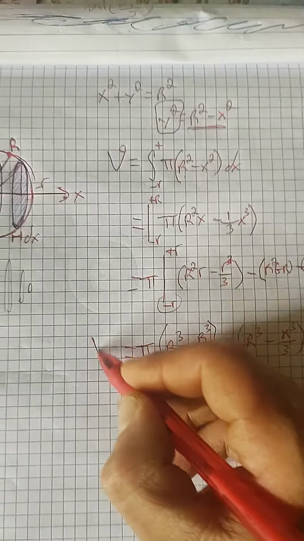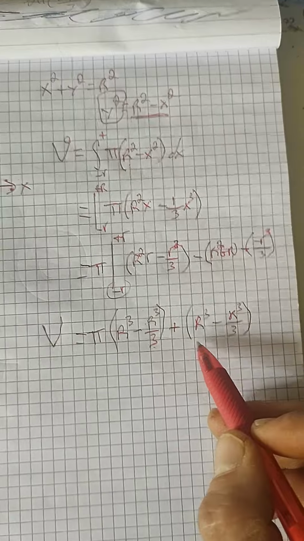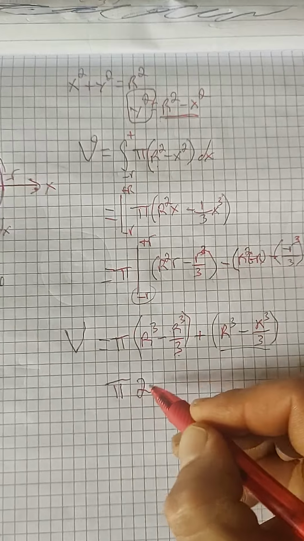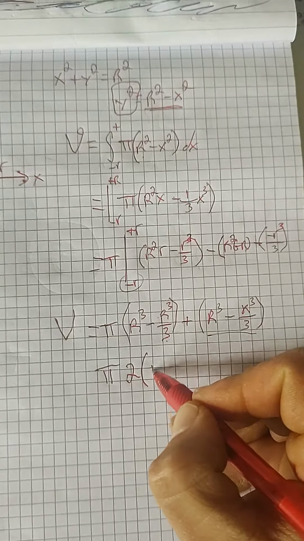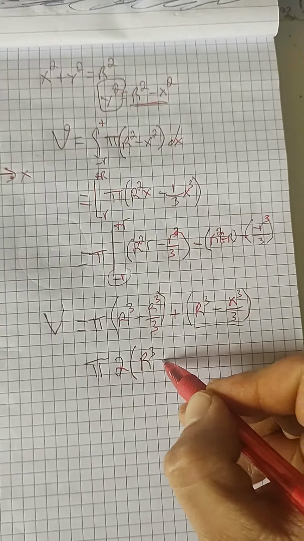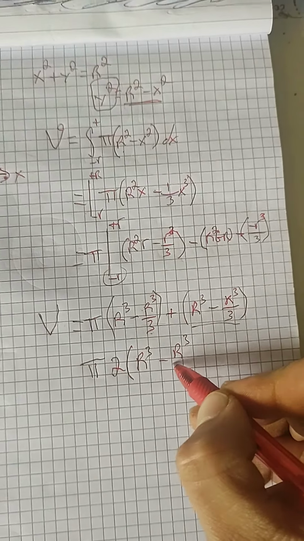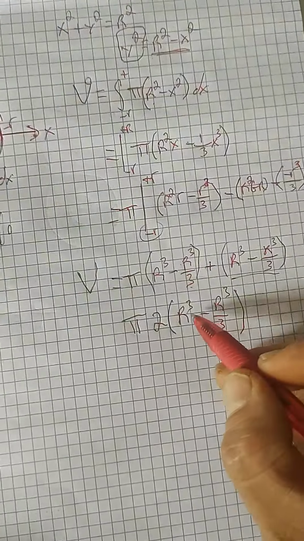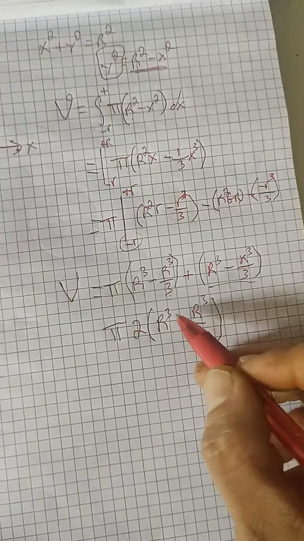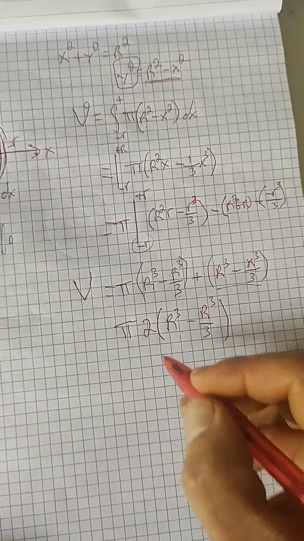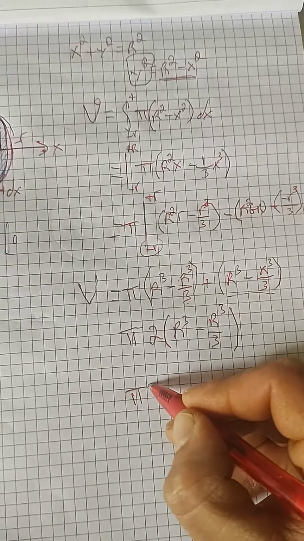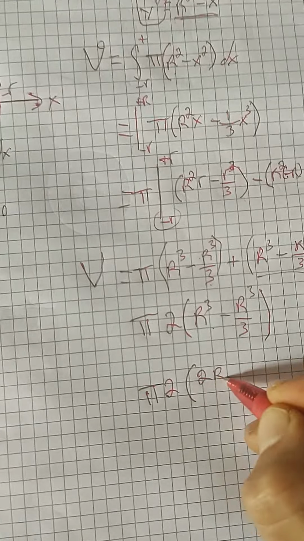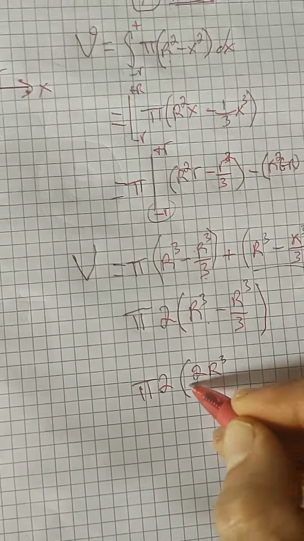This is our total volume. Anytime you have 2 of something, it's just 2 times that something. So we get pi times 2 times r cubed minus r cubed over 3. Finding the common denominator, we end up with pi times 2 times 2r cubed over 3.